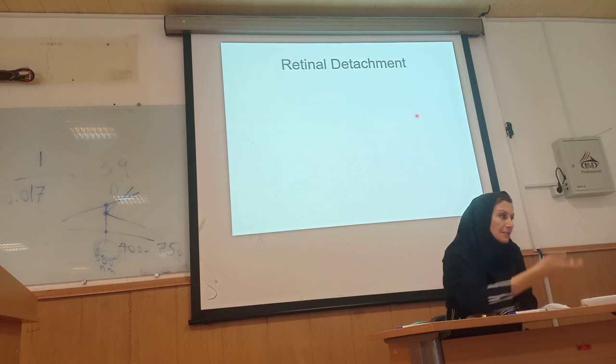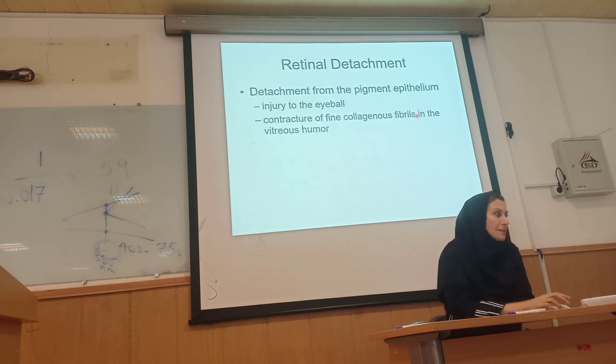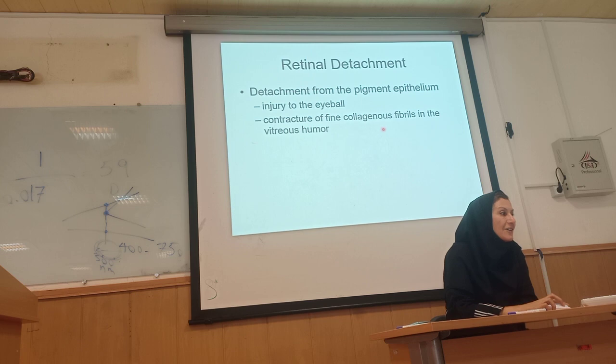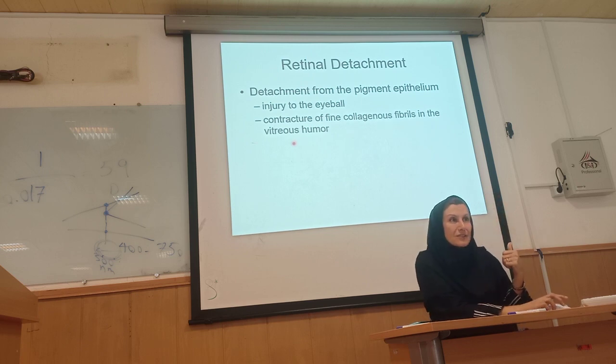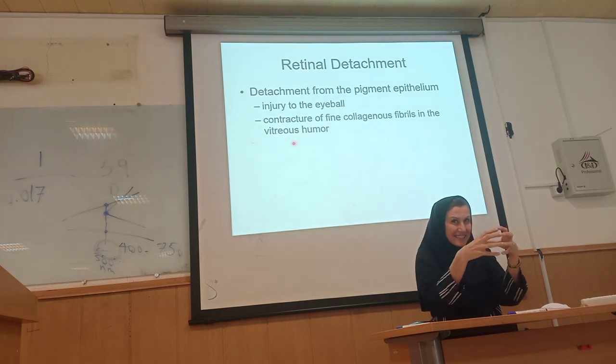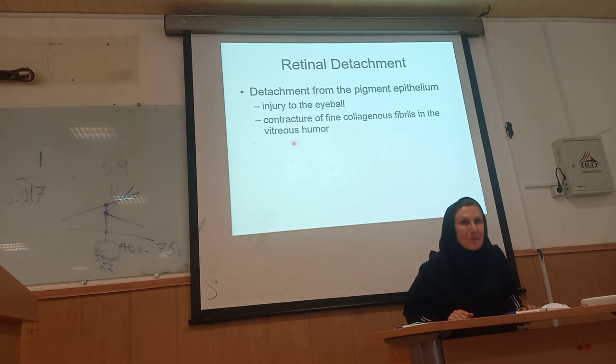So retinal detachment from the pigment epithelium may happen due to injury to the eyeball. Sometimes it happens from the contracture of fine collagenous fibrils in the vitreous humor. This is different from the increasing pressure in glaucoma.